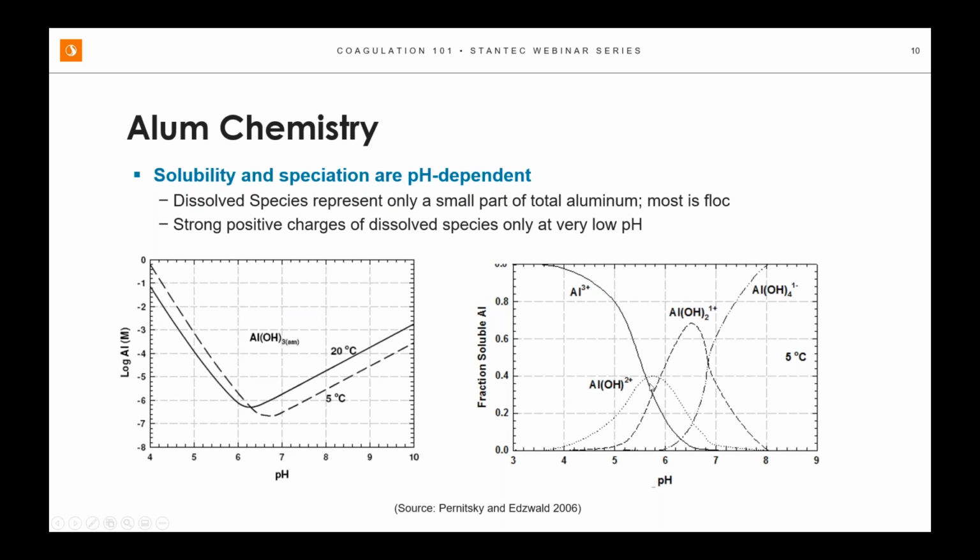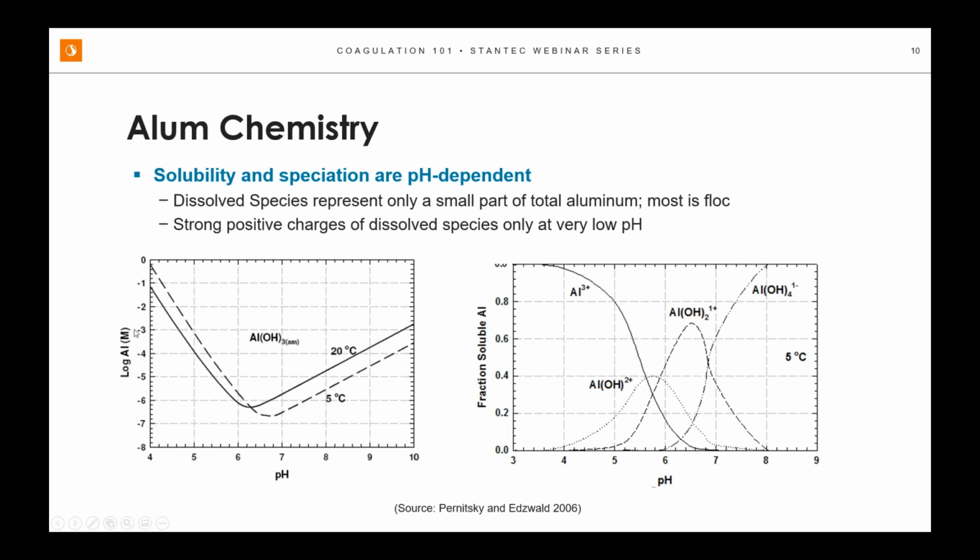So now we start to get into some a little more complicated diagrams here, but bear with me. What we're talking about here is, for alum, the solubility and then the speciation of those chemicals. So if we look at this graph on the left, you have pH on the x-axis, and you have the log of the aluminum concentration in moles.